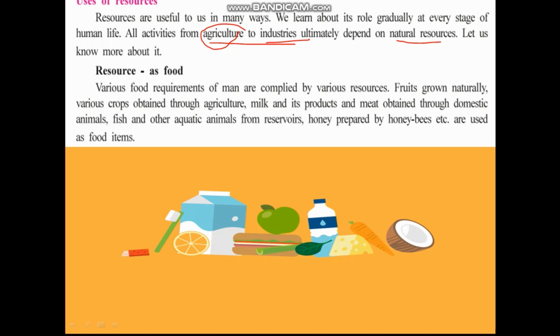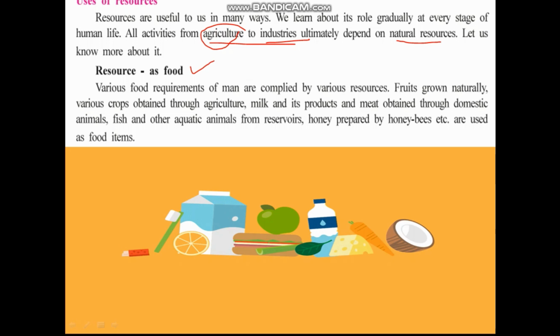Now we use resources as food. There are a lot of things that we get from nature and use as food. Let us see what they are. Various food requirements of man are fulfilled by various resources. Fruits grown naturally, various crops obtained through agriculture, milk and its products, meat obtained from domestic animals, fishes and other aquatic animals from reservoirs, and honey prepared from honeybees are used as food.